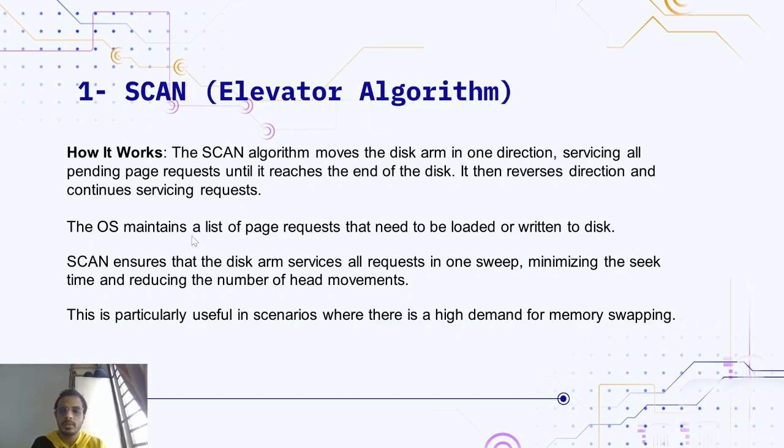The operating system maintains a list of page requests that need to be loaded or written to disk. SCAN ensures that the disk arm serves all requests in one sweep, minimizing the seek time and reducing the number of head movements. This is particularly useful in scenarios where there is a high demand for memory swapping.